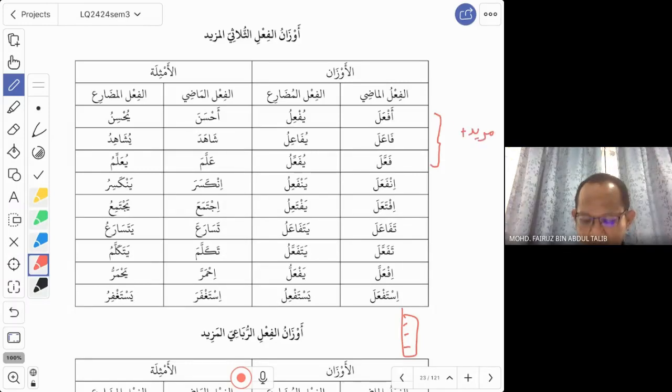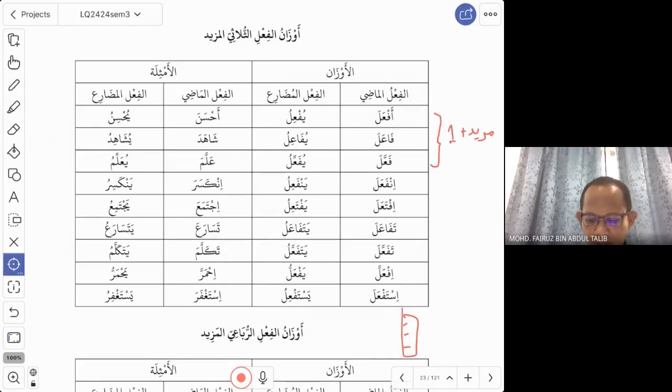plus 1 letter, mazid plus 1 harf. If you look at the wazan here, you have fa, ain, lam. This is the root word, as we have seen earlier in the wazan of sulasi mujarrad, fa, ain, lam. But since you have this additional letter, it becomes mazid. So here we have 1 additional letter.